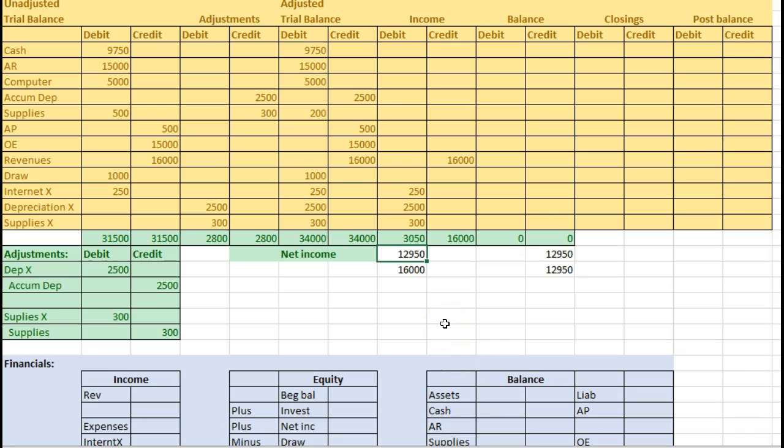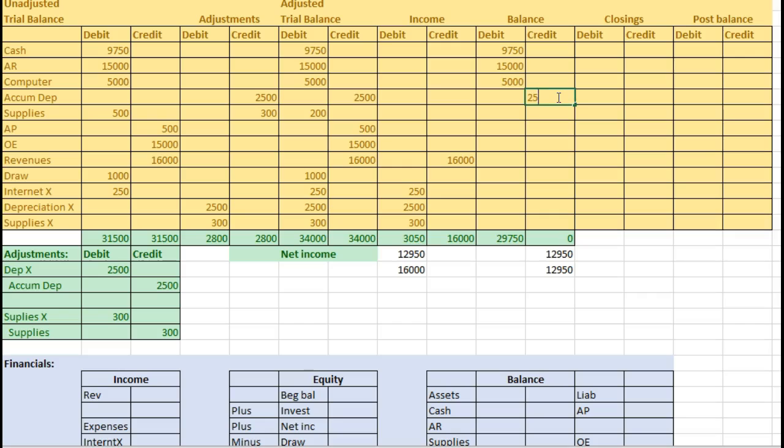Now, we want to pull over our balance sheet numbers here. So let's see what we can come up with. Again, you're looking at the trial balance. So we have a debit of $97.50 for cash. I have a $15,000 debit for accounts receivable. I have a $5,000 debit for the computer.